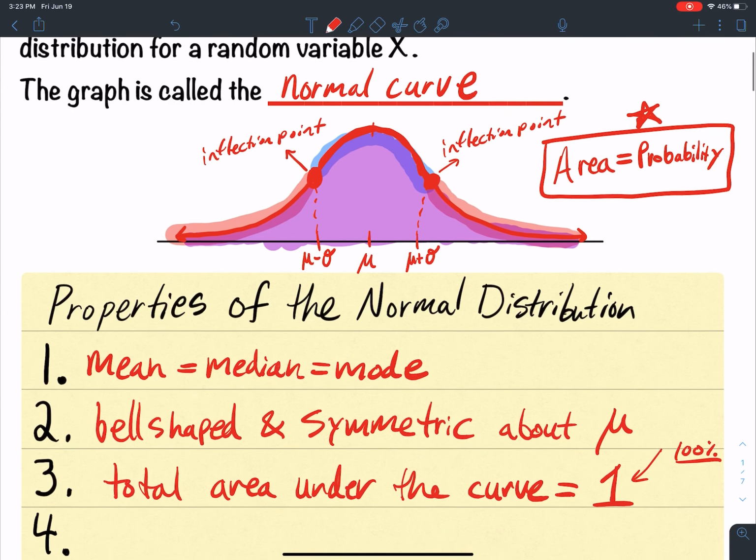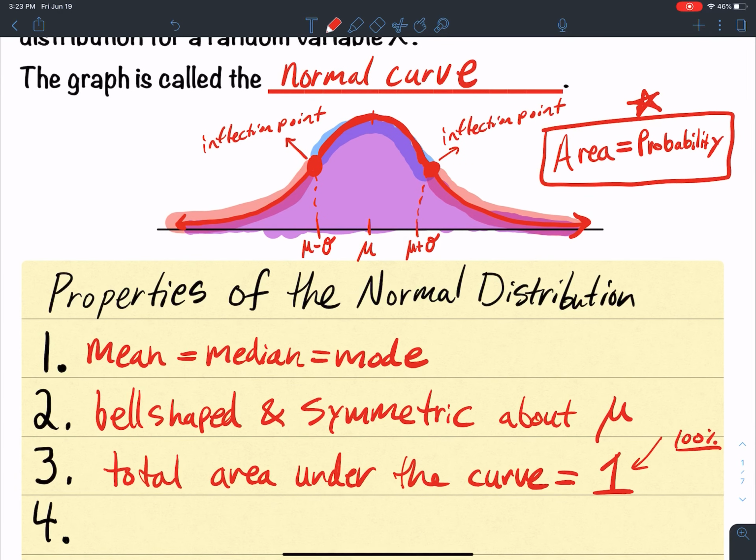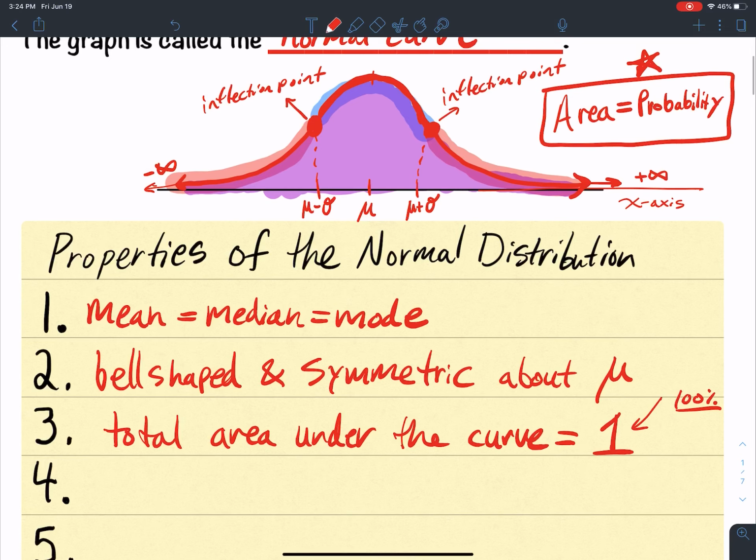Now, the normal curve approaches but never touches the x-axis. It gets asymptotically close to this x-axis here, but it never does touch it. So it goes to infinity in this direction and negative infinity in that direction.